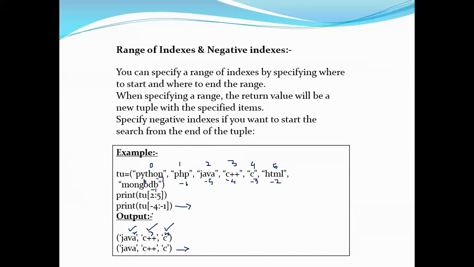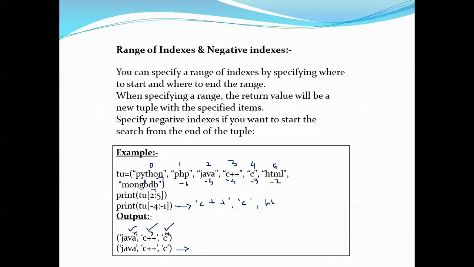I will not get it with tu of -4 colon -1. I will get an output as C++, that is index -4. Next, I will get C, which corresponds to index -3. Next, I will get HTML, which corresponds to -2.